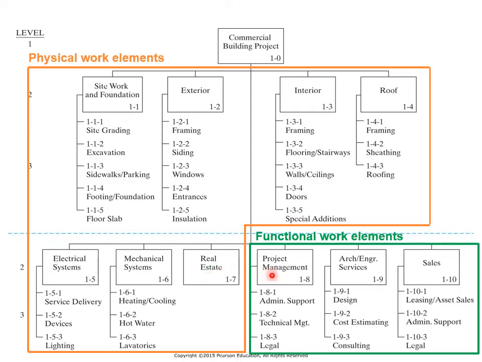The functional work elements here include project management, architecture or engineering service, and sales. Then each of these major elements is divided into sub-elements as required at level 3. For example, the exterior element is subdivided into framing, siding, windows, entrances, and installations. The numbering scheme used in this example is all numeric.